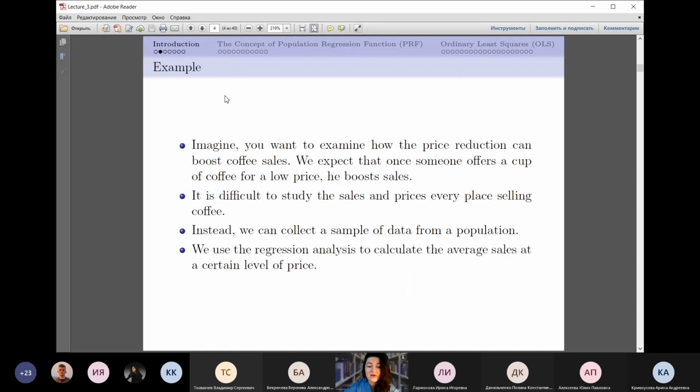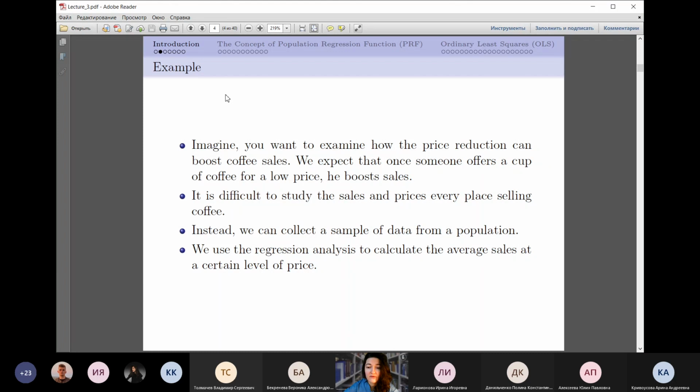And of course, it's very unlikely that you can go to every place where you can buy a coffee and collect data, because it's really difficult to study the sales and prices of every place selling coffee. Let's say that we are interested in the St. Petersburg market.